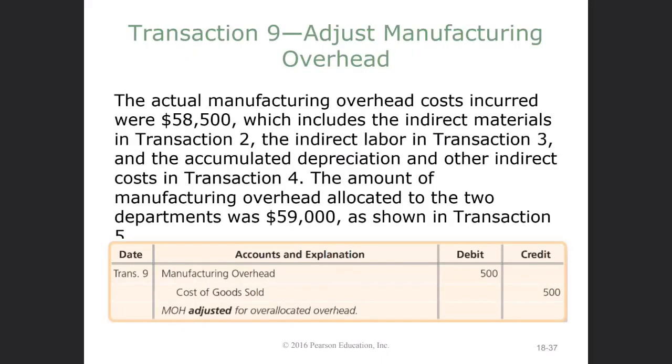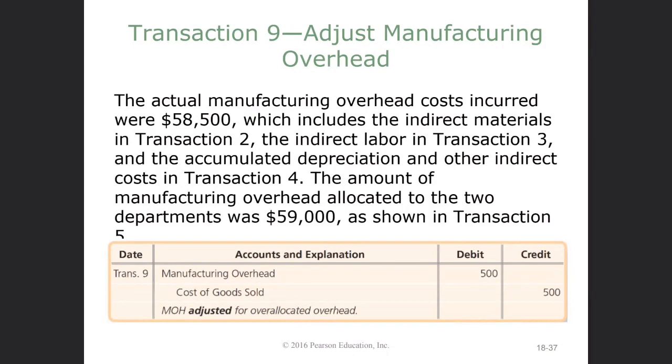The actual manufacturing overhead costs incurred were $58,500, which includes the indirect materials in transaction 2, the indirect labor in transaction 3, and the accumulated depreciation and other indirect costs in transaction 4. The amount of manufacturing overhead allocated in the two departments was $59,000.